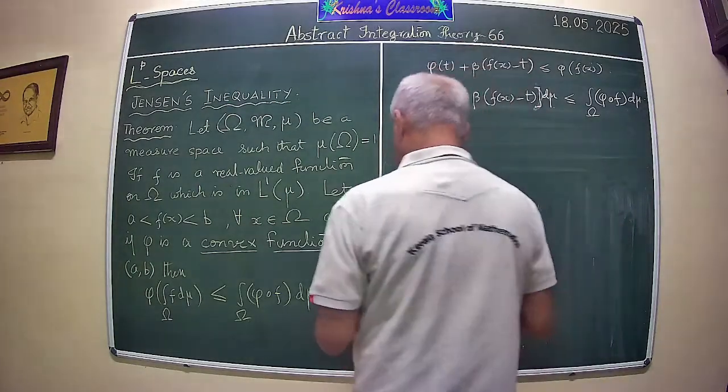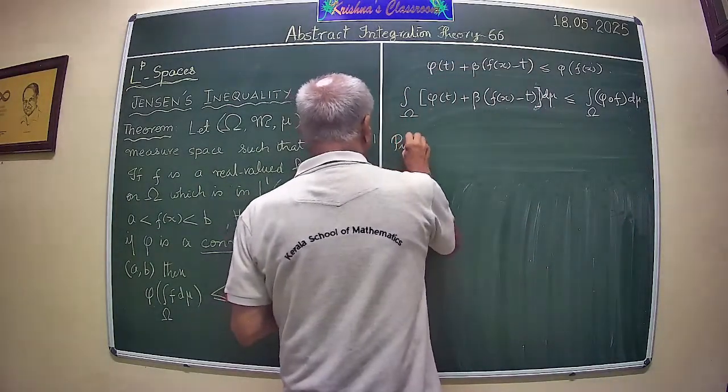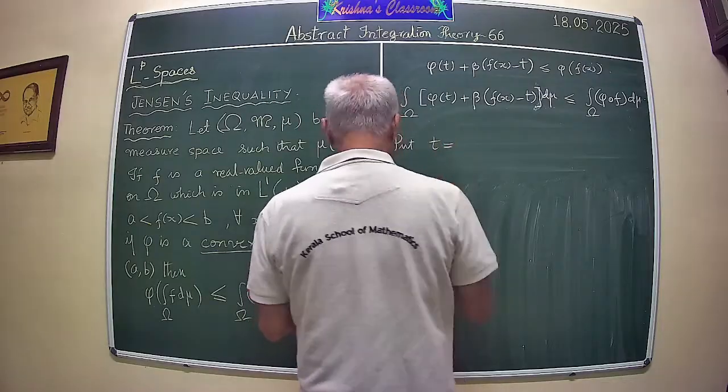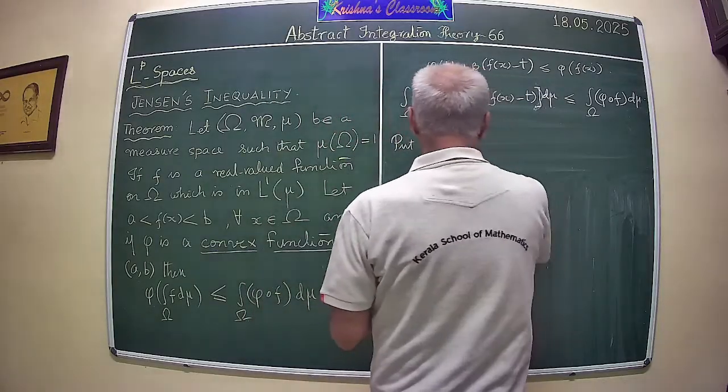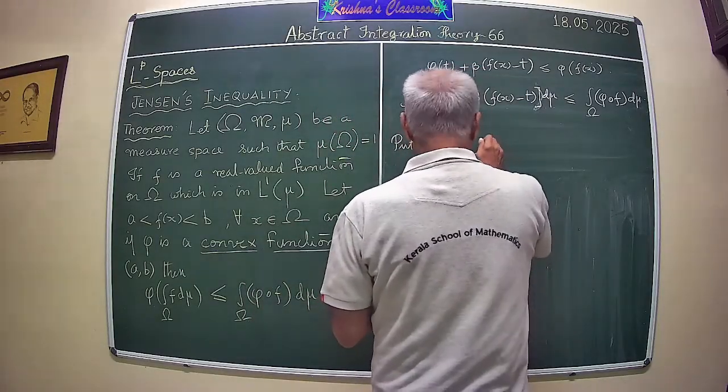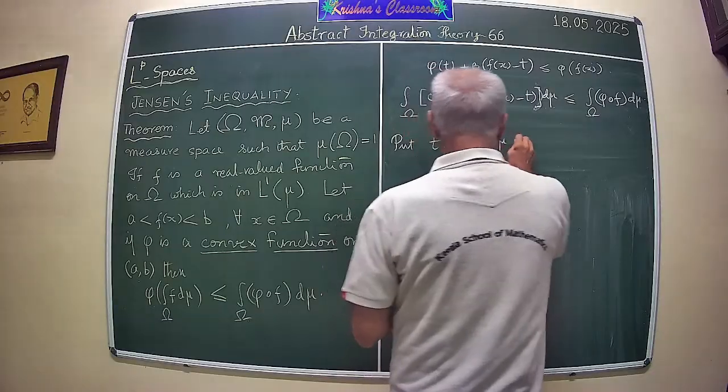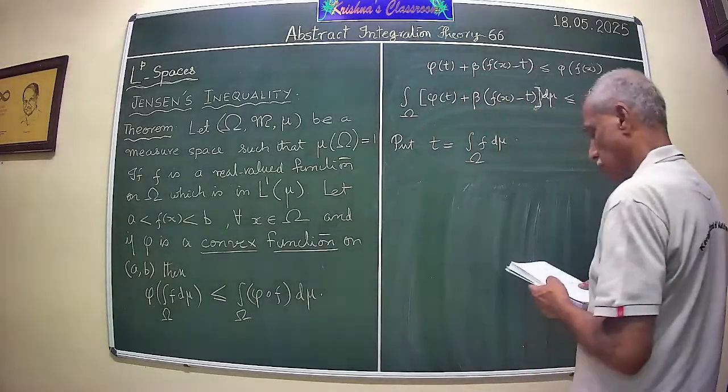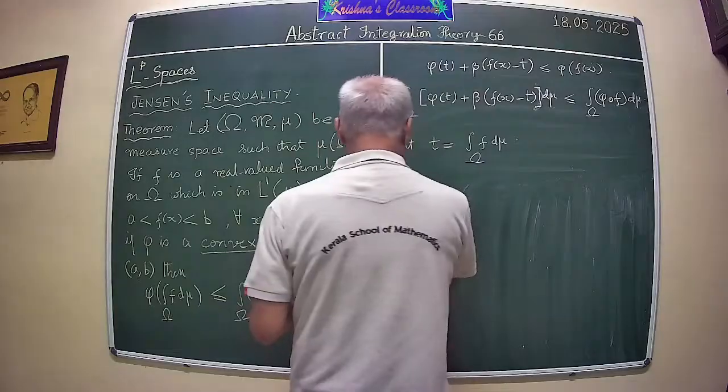Now put t equal to integral of f d mu, then what you have is integral over omega.